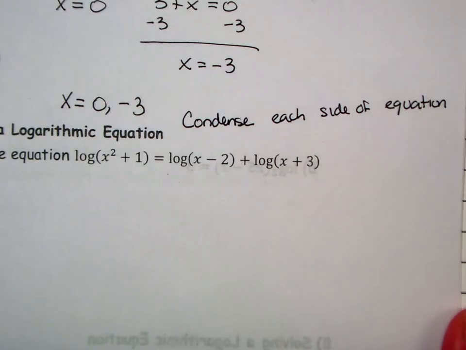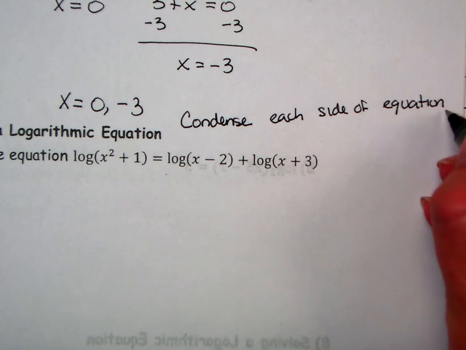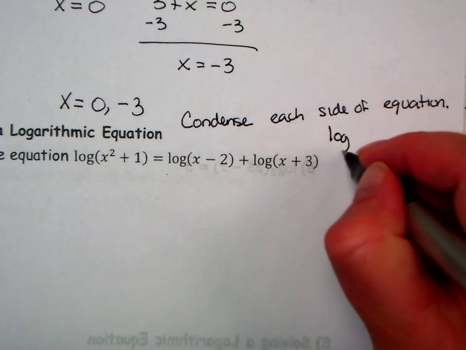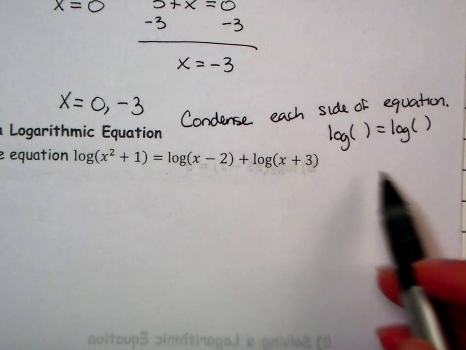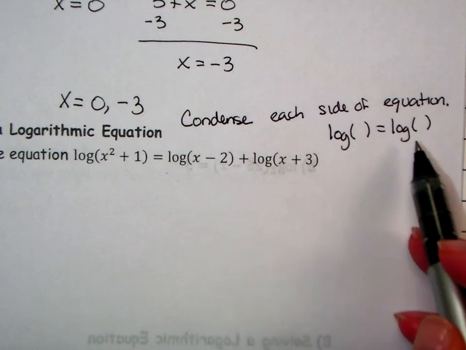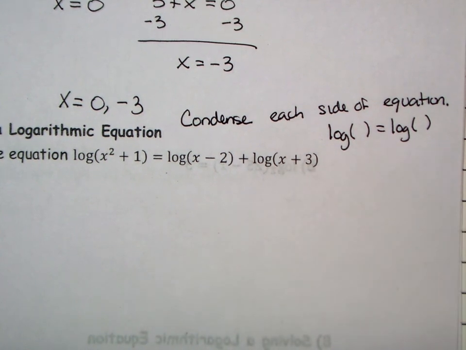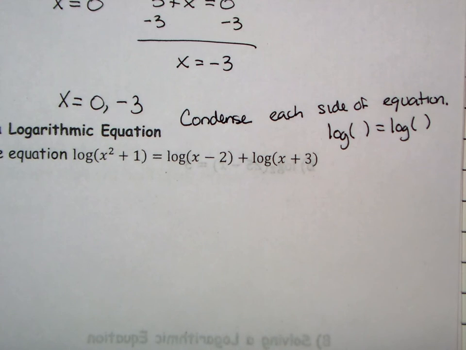Can you see that? Condense each side of the equation because we want log something equals log something. You want one log on each side before you start to cancel them out.